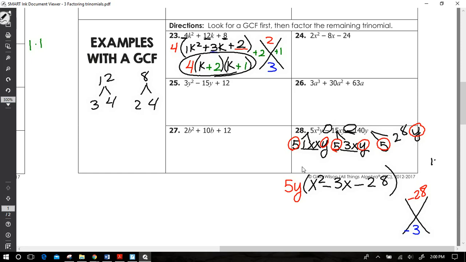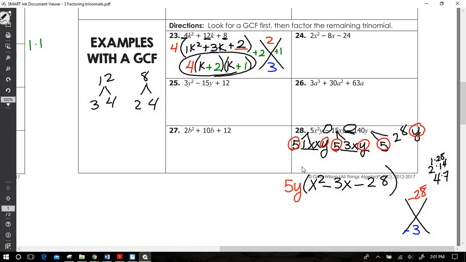I have 1 times 28, 2 times 14, 3 doesn't work, 4 times 7, 5 doesn't work, 6 doesn't work, and we've looped back around to 7. So I know that I've gotten them all.